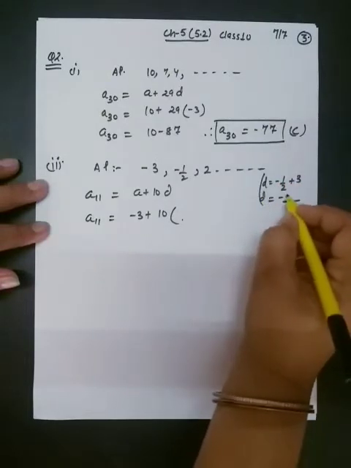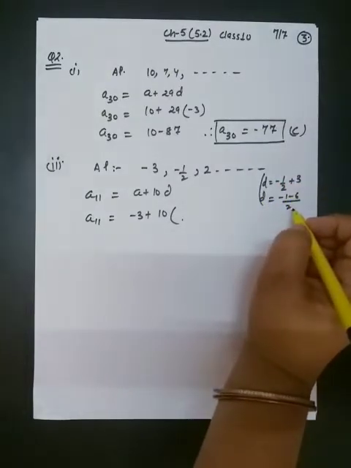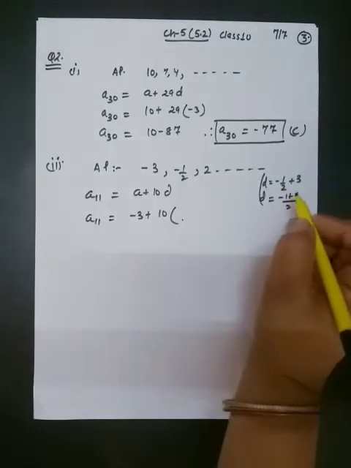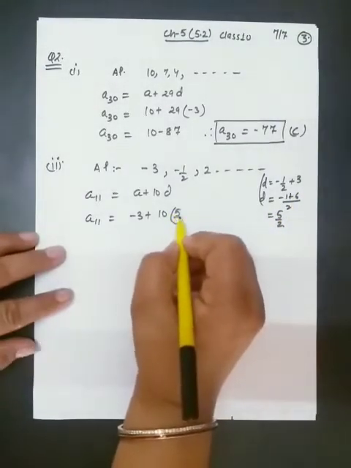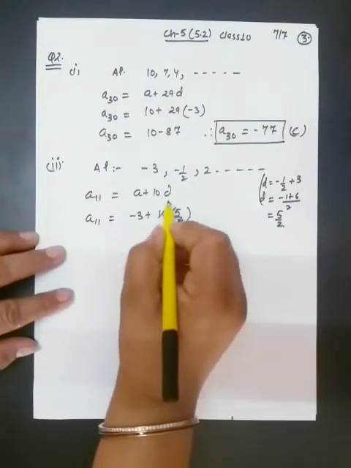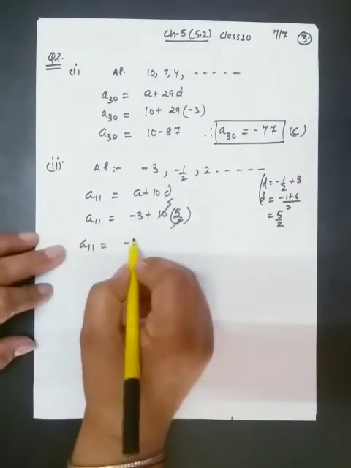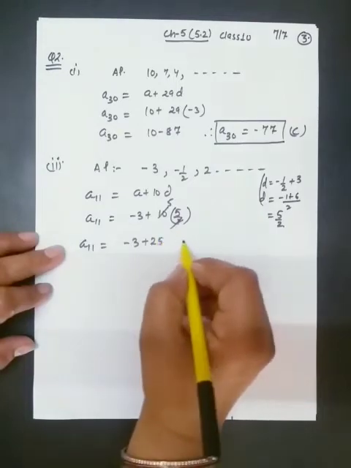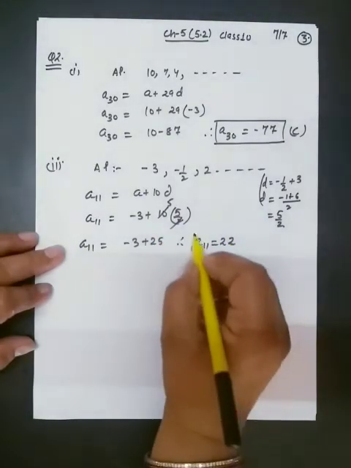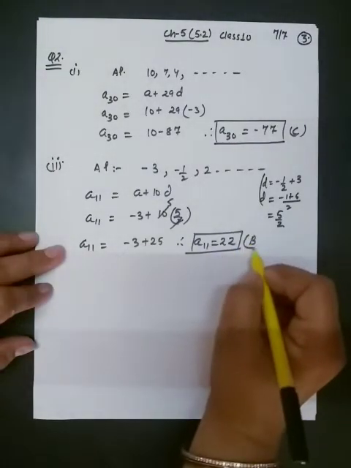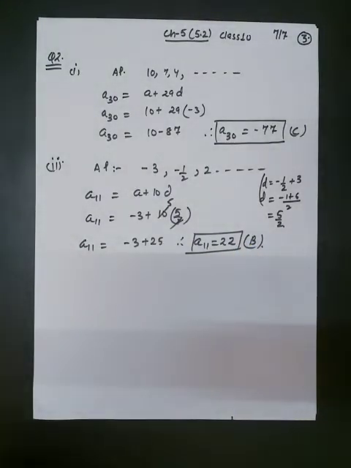D will be 2, LCM. Minus 1 plus 6, it will be 5 by 2. And we can cancel it. So A11 is minus 5 plus 25. Therefore A11 is 22. Now which option is this? This is option B. Now come to question number 3.